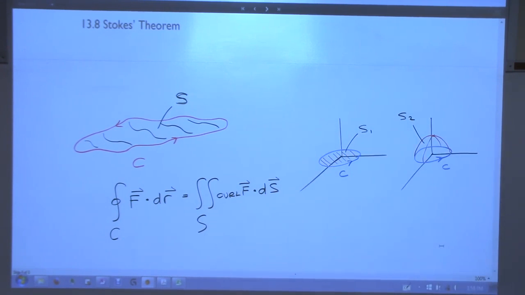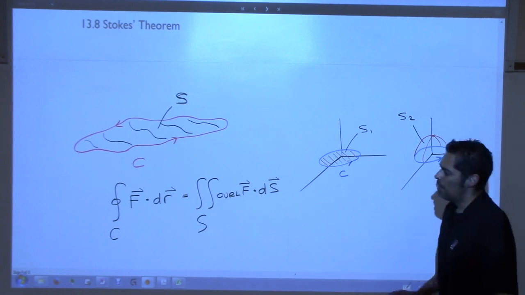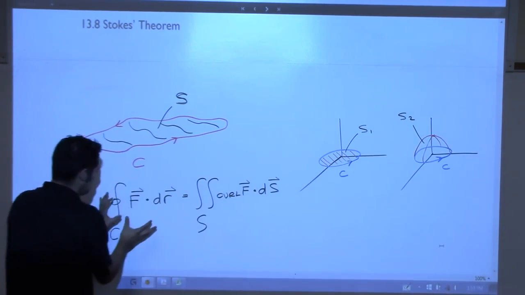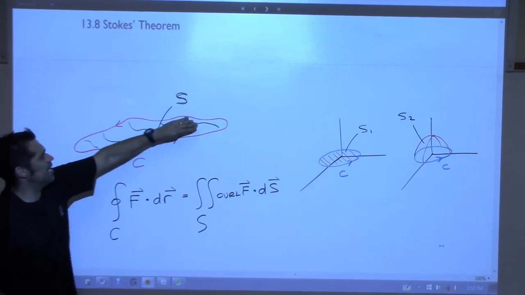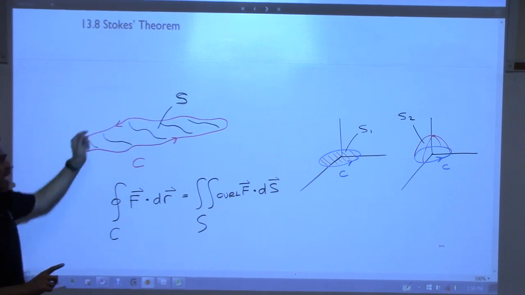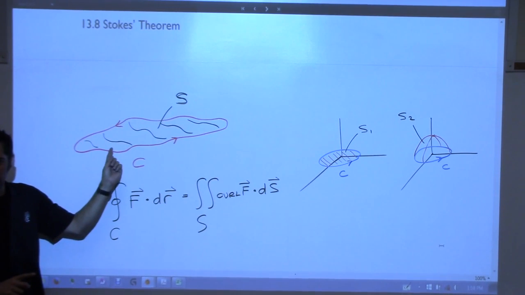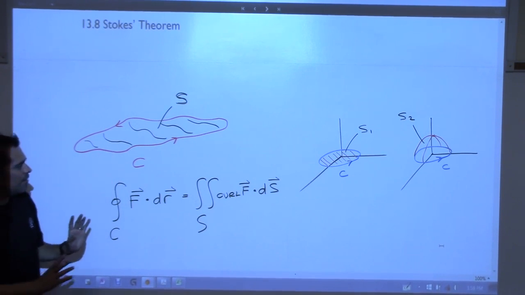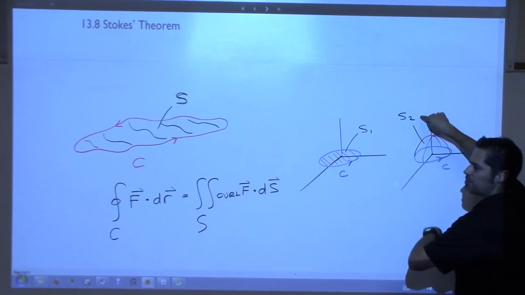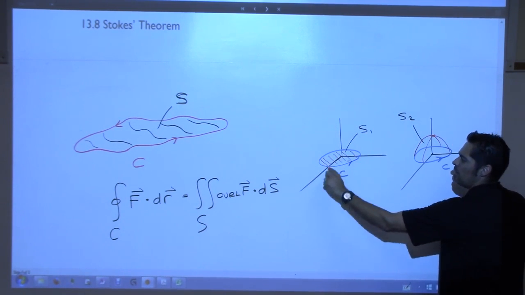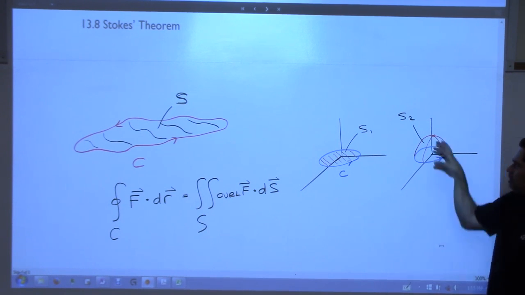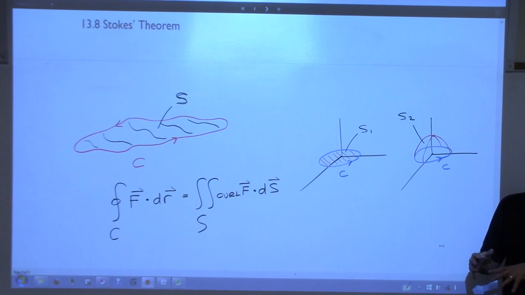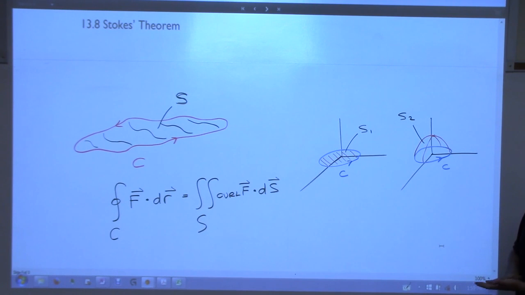And the reason why this is kind of mind-blowing is because it's saying that to do this line integral, we convert it to a surface integral where the surface S is any surface that has that as a boundary. Which means that if I use this surface or this surface, if I'm trying to find the line integral around C, I can use either one, I should get the same answer. So the surface in the center is totally independent of what's going to happen on that line integral. It's kind of crazy that it works that way.